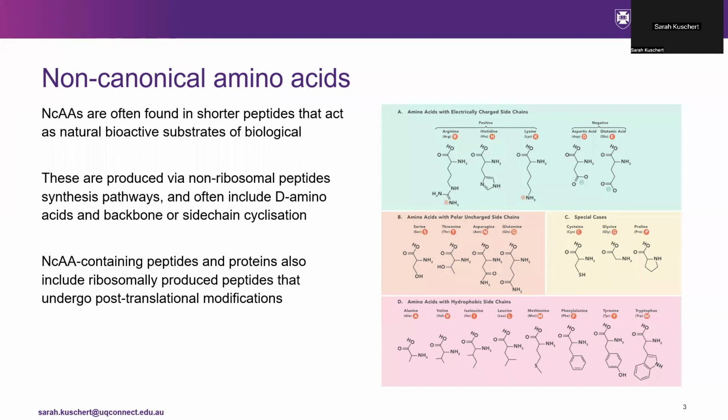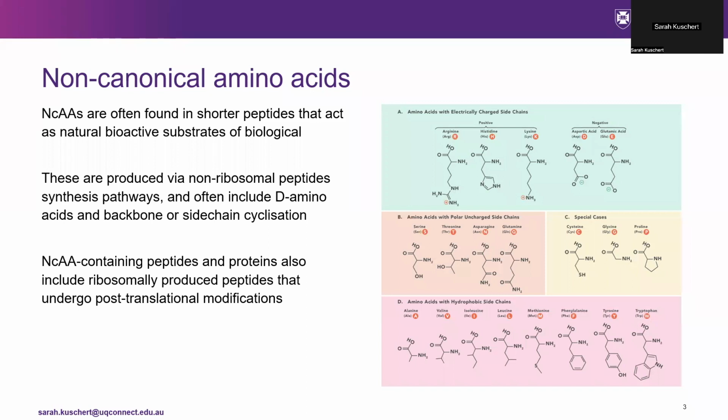So there are various different ways that peptides containing non-canonical amino acids are produced. And they are through non-ribosomal peptide synthesis pathways, or through standard peptides or proteins that undergo post-translational modifications, as well as artificial chemical synthesis.